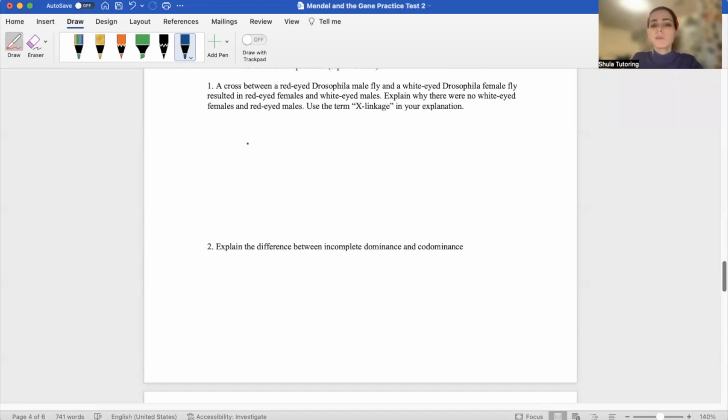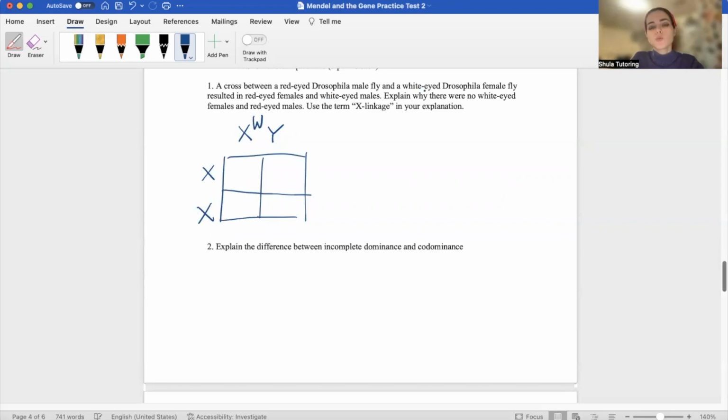So if you remember Morgan's experiments, you will remember that the gene for the eye color was located on the X chromosome. So what happens with males is that they have just one X chromosome, and females obviously have two. So a red-eyed male fly will have what is called the wild type genotype.